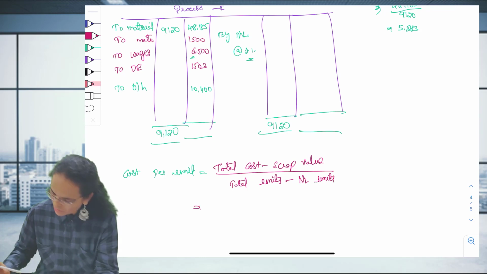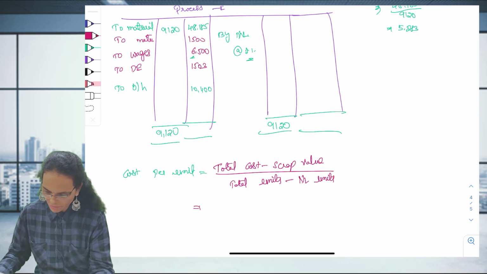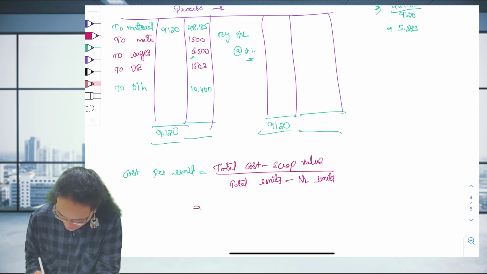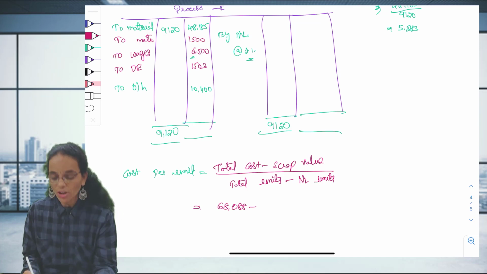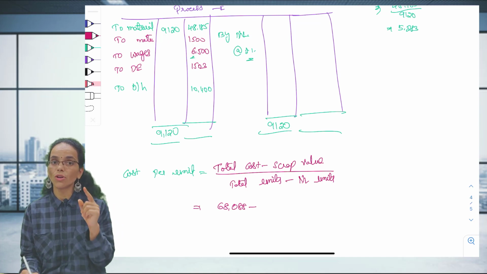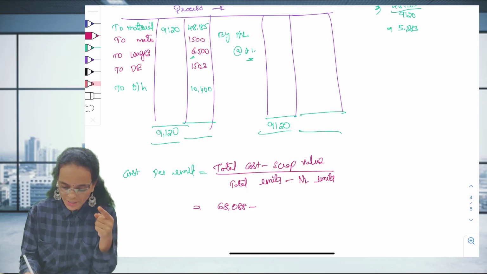See, total cost how much? 48,185 plus 1,500 plus 6,500 plus 10,400. That is 68,088, minus normal loss units we don't know. But normal loss units can be sold in the market at 1 rupee.